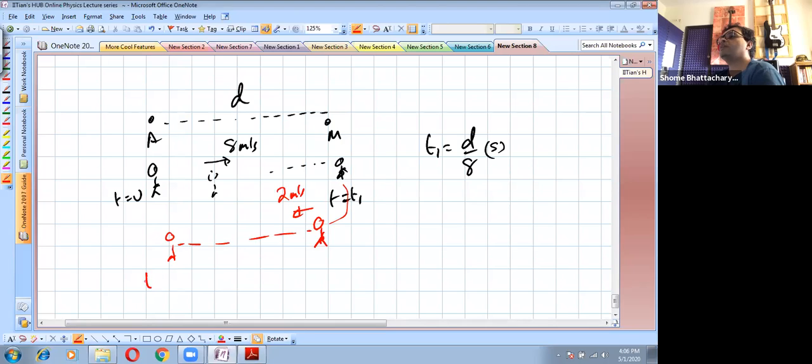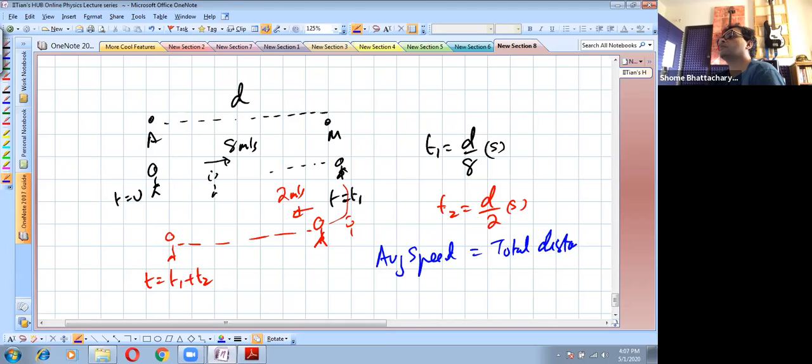So now the total time is, let's say, T1 plus T2, where T2 is the amount of time taken to come from here to here. So that time T2 is for the same distance D, but with a speed of 2 meters per second. So now his average speed will be equal to total distance upon total time.